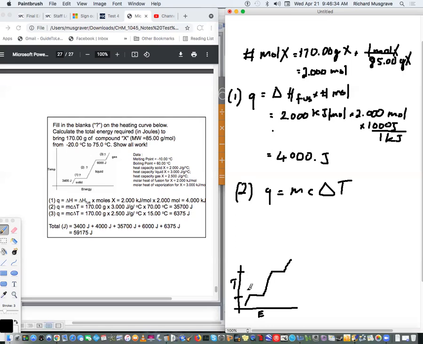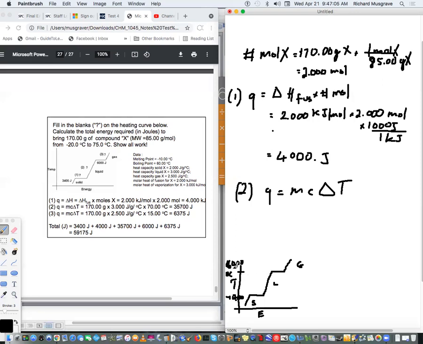Now the melting point, that's solid, liquid, gas, the melting point it says here is minus 10 degrees Celsius. And the boiling point is 60.00. So 10.00 and 60.00.